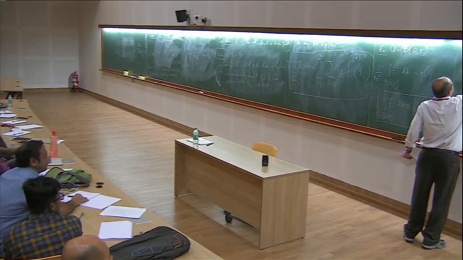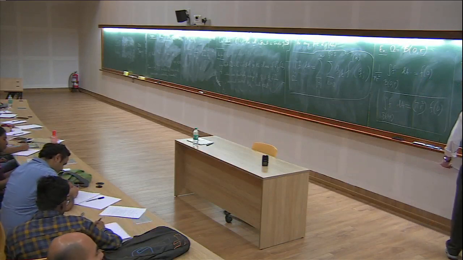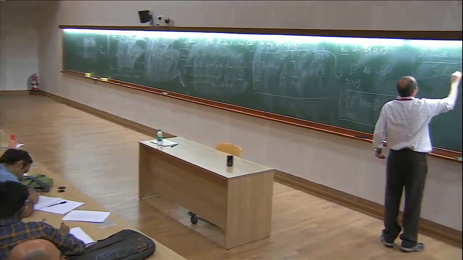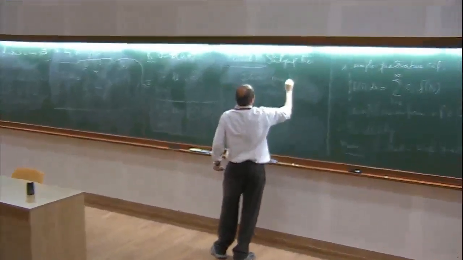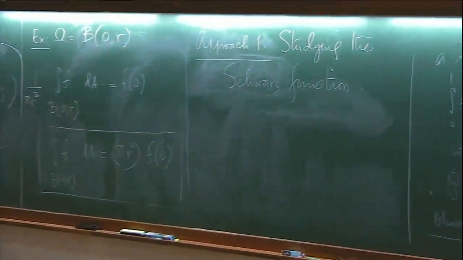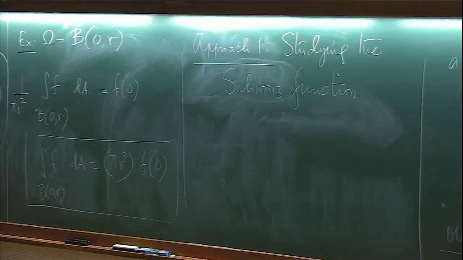Let's start with the first one, studying what is called the Schwarz function. Anytime you have Schwarz on the blackboard or in the book, you can be sure that there is a reflection lurking just around the corner.